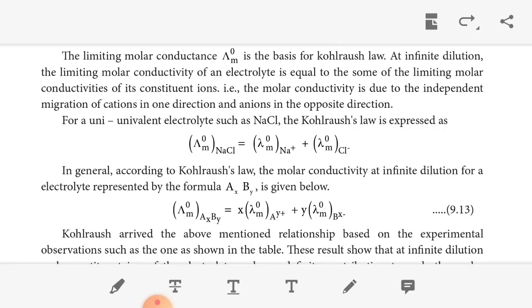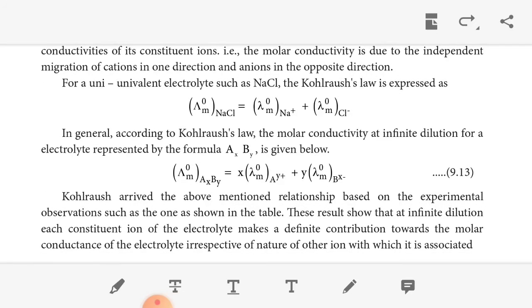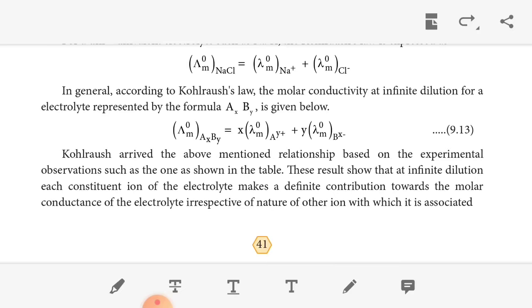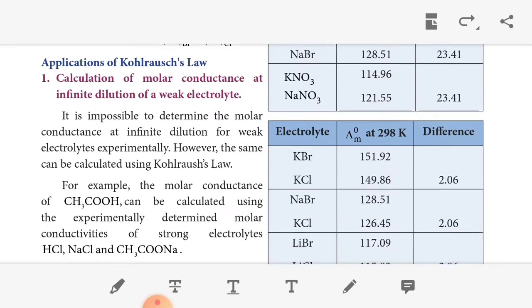In general, according to Kohlrausch's law, the molar conductivity at infinite dilution for an electrolyte with the formula AxBy is given below, similar to NaCl. Then the applications of Kohlrausch's law.